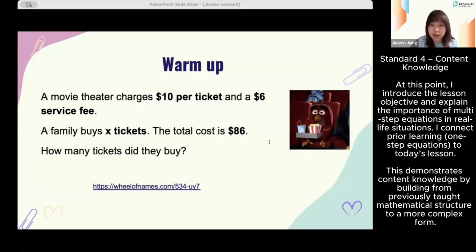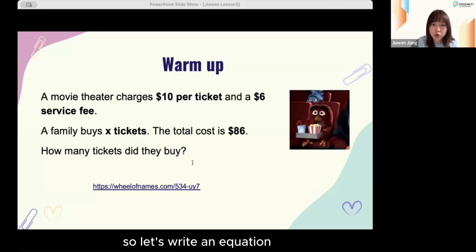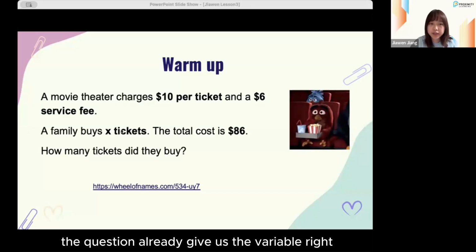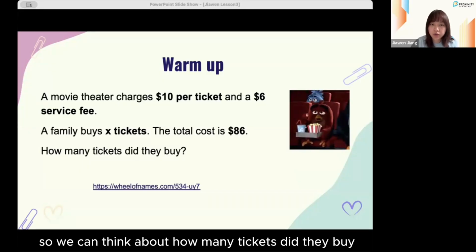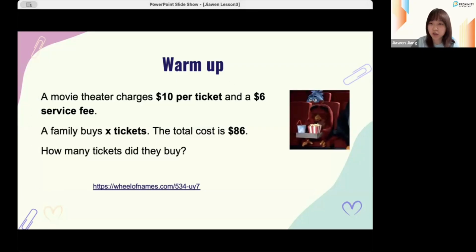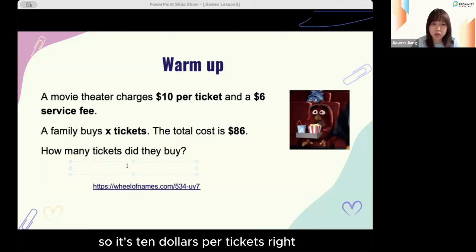So let's write an equation. The question already gave us the variable, right? It's x tickets. So we can think about how many tickets they bought.